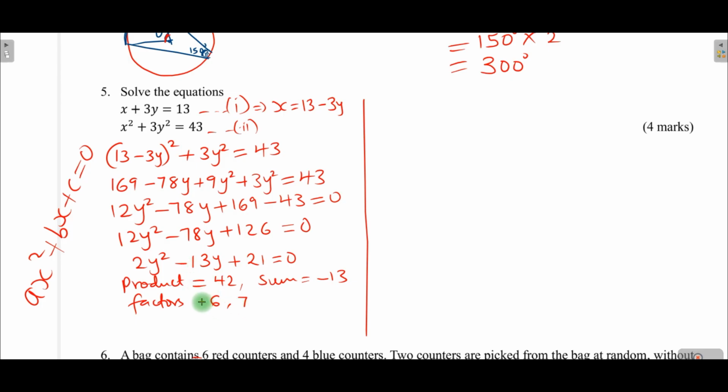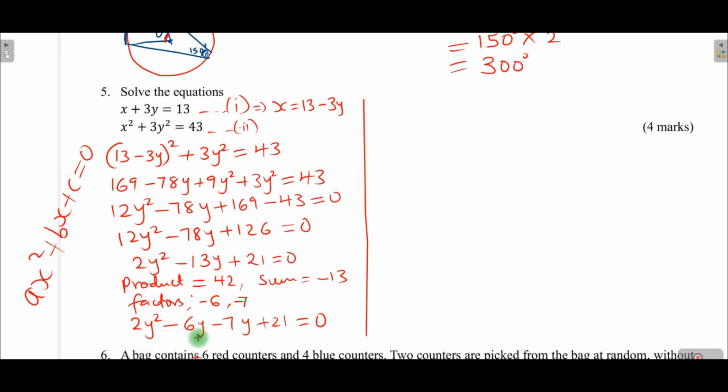So I need to make them negative. Negative times a negative is positive. So the factors are minus 6 and minus 7. Therefore, I write the middle part in the expanded form. That will be 2y squared minus 6y minus 7y plus 21 is equal to 0.